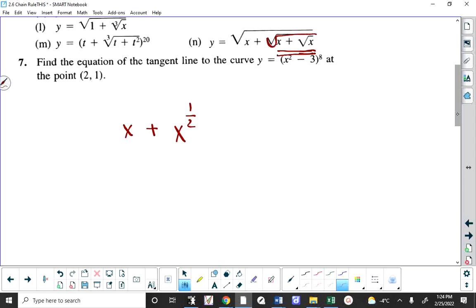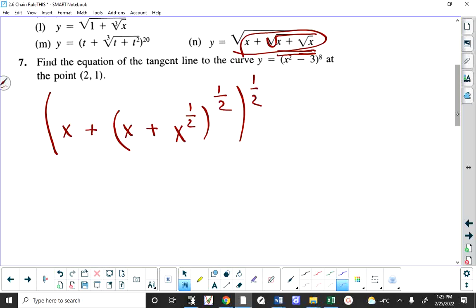And we're taking the square root of it. So that's that. But then we're adding x to it. So that's everything underneath this now. And then we are raising it to the half because we need to take the square root. And that's why.